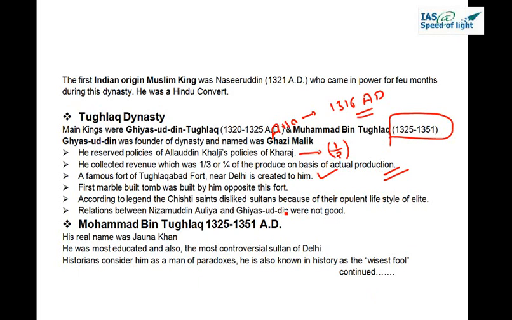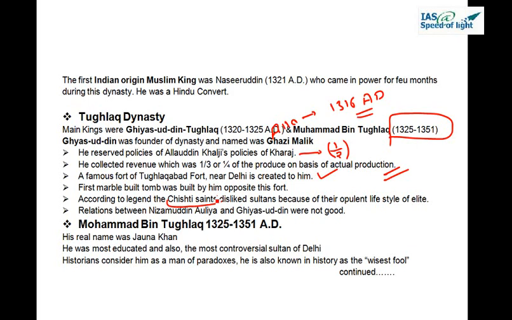The first marble-built tomb was built by him opposite this fort, and according to some legends, the Chishti saints disliked the Sultan. These Chishti saints, as we will see when we study Sufism, disliked the Sultans because of their opulent lifestyle and their way of wasting money, and the relations between Nizamuddin Aulia and Ghiasuddin Tughlaq were not good.